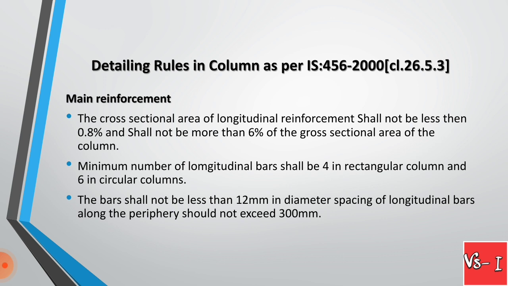Next, the minimum number of longitudinal bars shall be 4 in a rectangular column and 6 in a circular column. Third, the bar diameter shall not be less than 12 mm. Spacing of the longitudinal bars along the periphery should not exceed 300 mm.